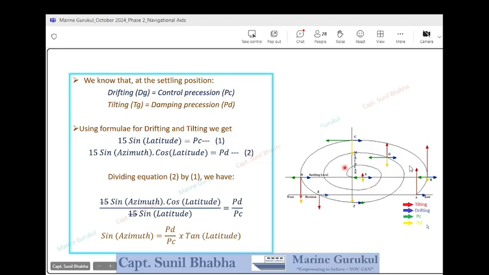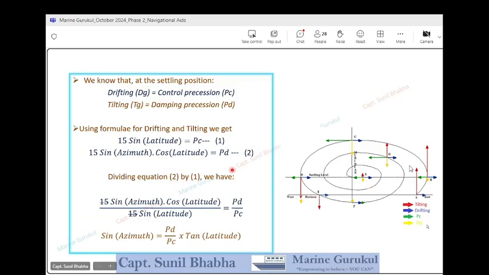Now we are aware of the drifting and tilting formulas. The formula for drifting is 15 degrees sine of latitude. Since it is equal and opposite to PC, we get this relationship, equation number 1: drifting is equal to control precession, or 15 degrees sine of latitude is equal to PC. Exactly in the same way, since tilting is equal and opposite to damping precession, tilting is given by 15 degrees sine of azimuth cos of latitude.